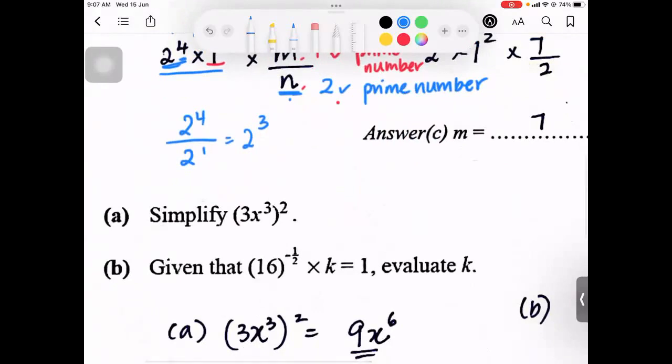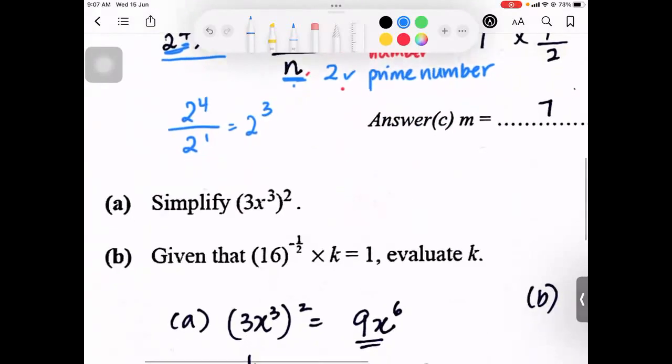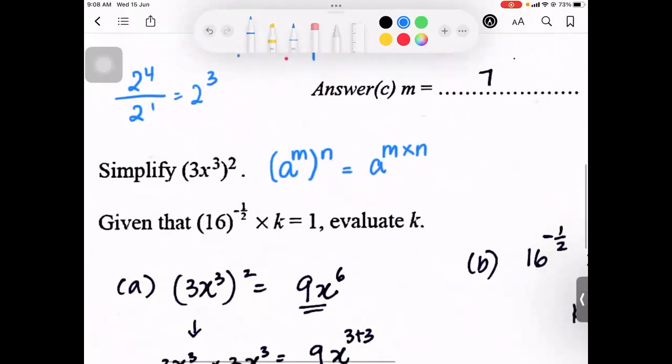Next one, simplifying this. Now this one is the property for index power form indices. A to the power n, if I have a bracket, right? This means it's a to the power n multiplied with n. In this case, I have 3 to the power of (3x cubed) squared.